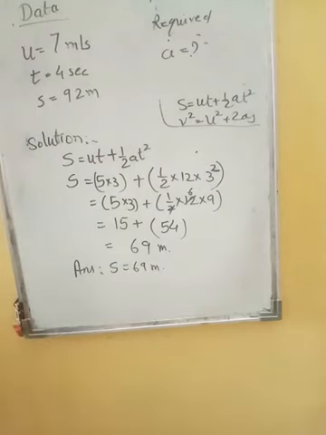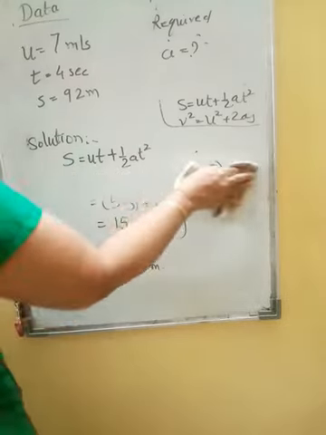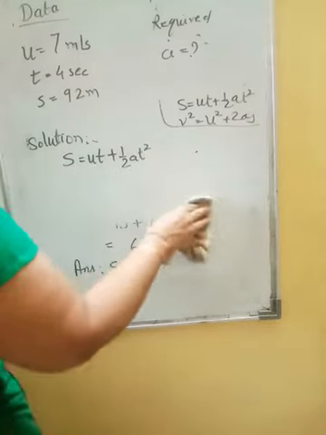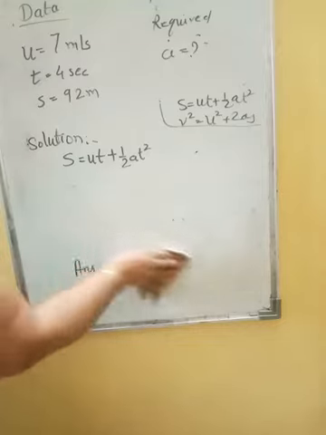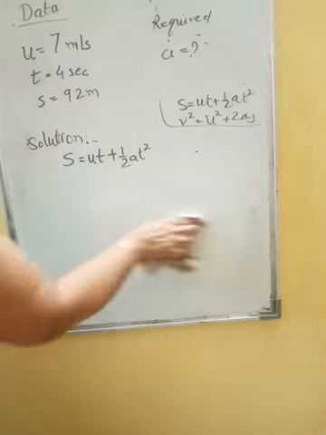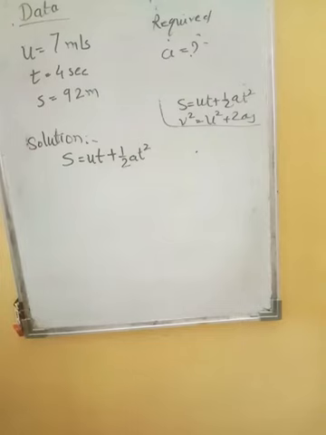Now children, see, the second equation contains the time factor. The third equation doesn't contain the time factor, so the third equation will not be useful. We have to use the second equation only. So we will be writing the second equation: S is equal to ut plus half at square. So we have written the equation.